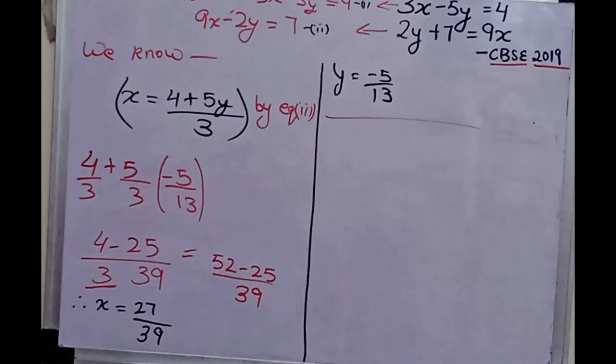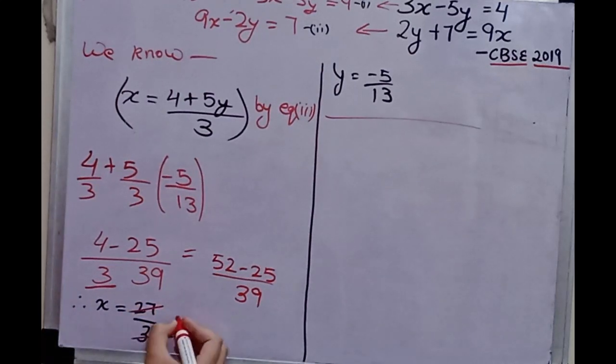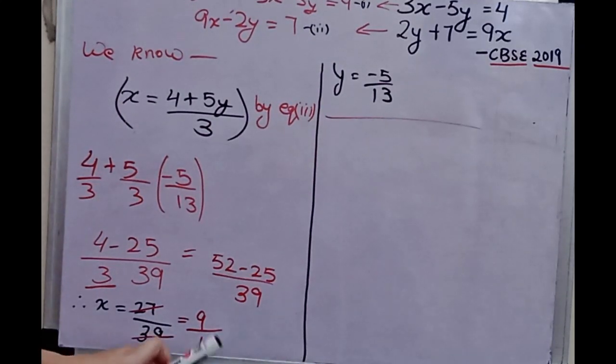This is how it looks like. Now we can easily divide it with 3. It goes like 3 into 9, 27. 3 into 13 equals to 39. 9 upon 13 is the value of x.